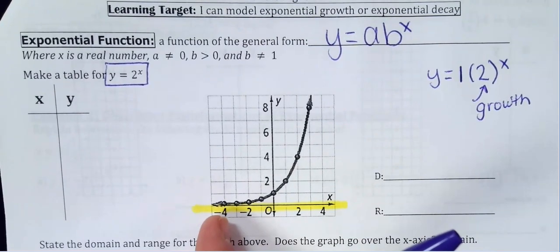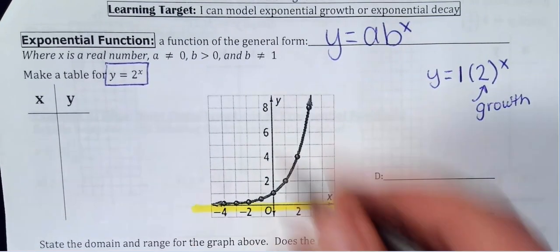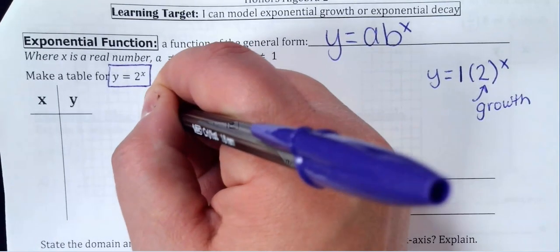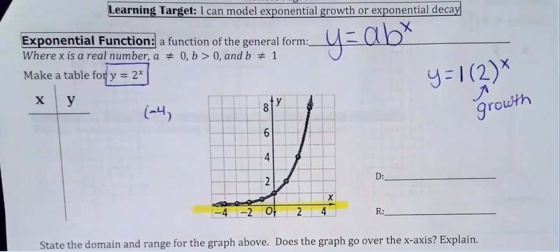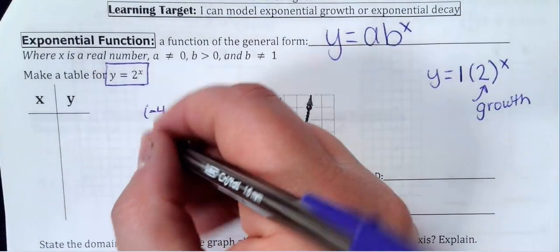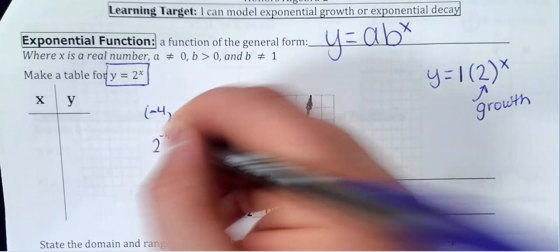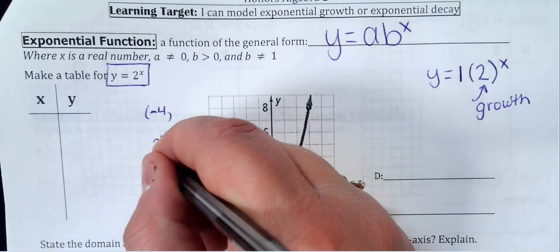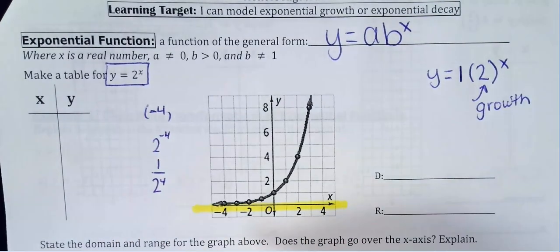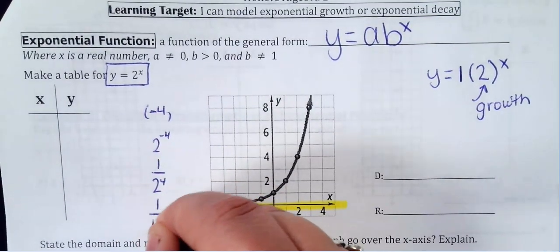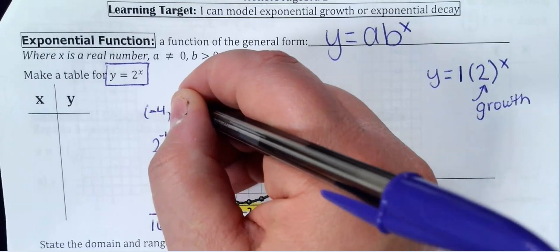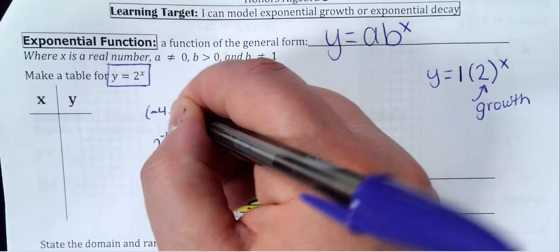They don't have any labels on the graph, but if I plugged in -4 for x, what would the y value be? So in that scenario, I'd have 2 to the -4th, right? Which would be 1 over 2 to the 4th, which would be 1 over 16. So -4 would have the y value of 1/16.